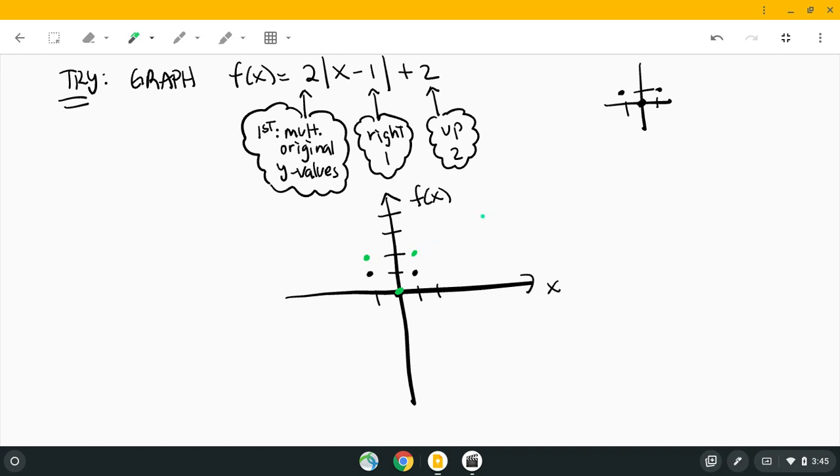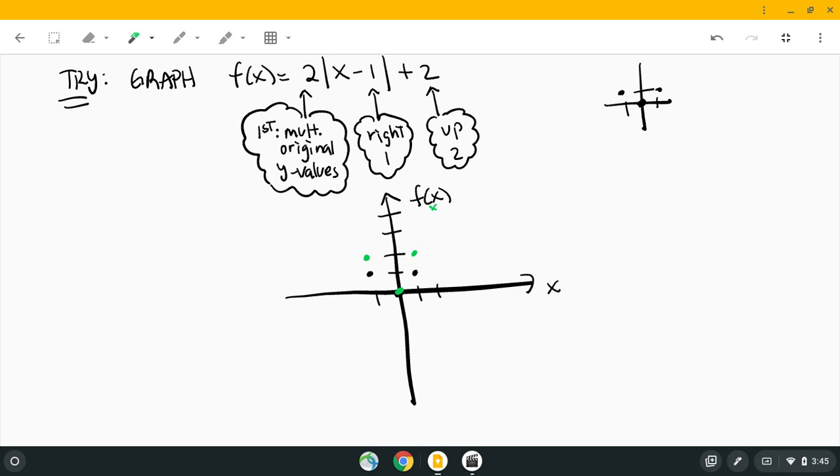Now these 3 green dots are my new function graph, and now I need to shift it. These 3 green dots, I need to shift them right 1 and up 2. So this will go right 1, up 2. I'll use little X marks.